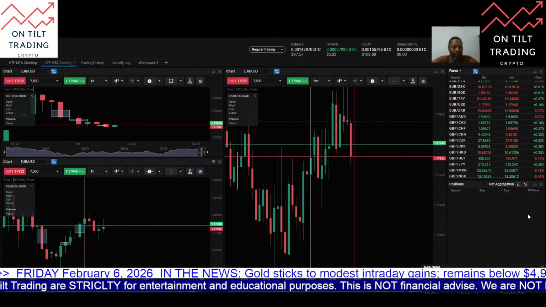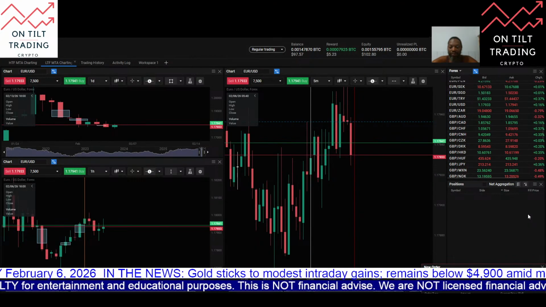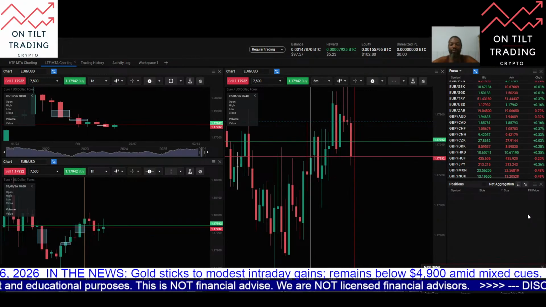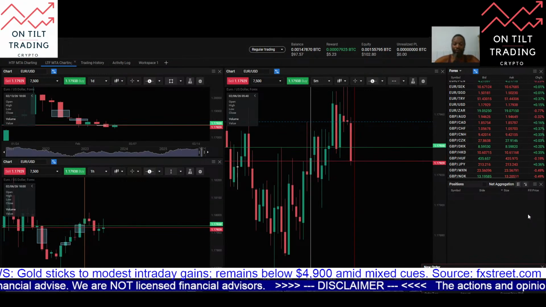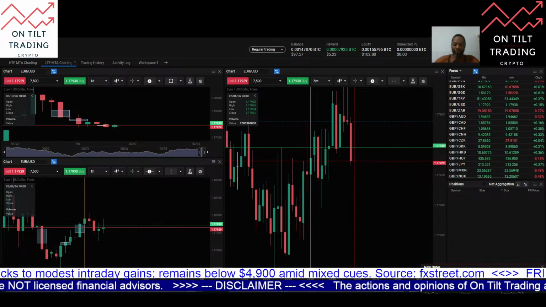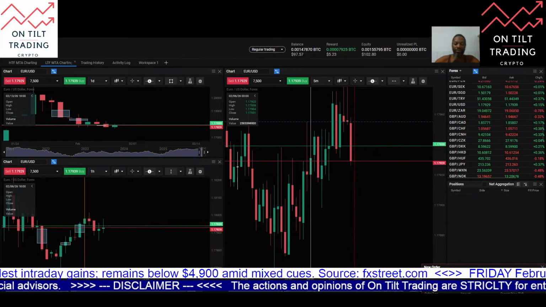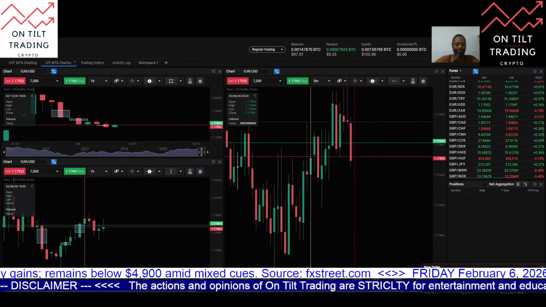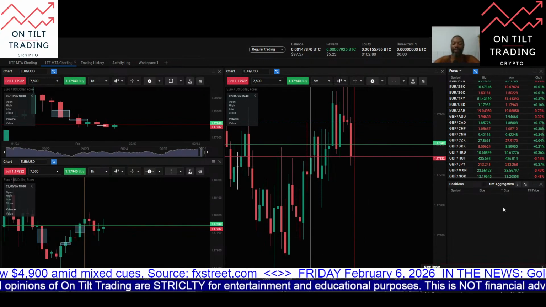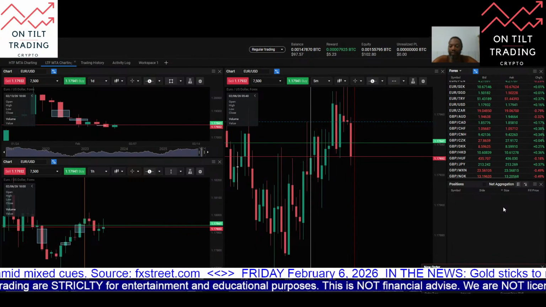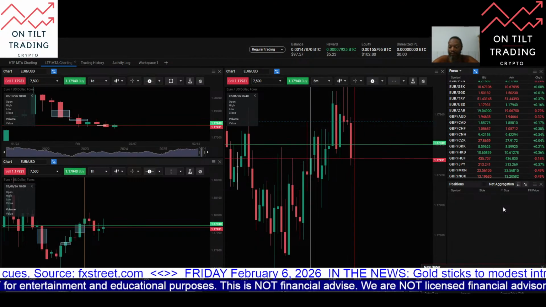So less than 2 minutes remaining in the current London kill zone. Standing by for a potential short entry here in Euro Dollar. Waiting for a confirmation of a body candle close below the level of change in the state of delivery.